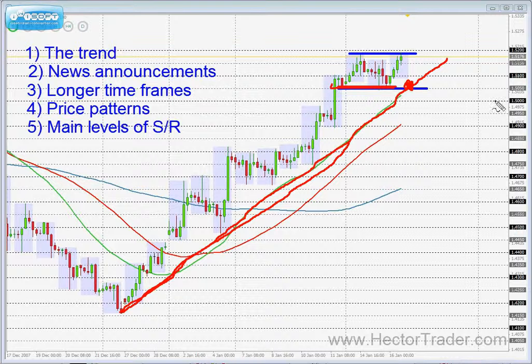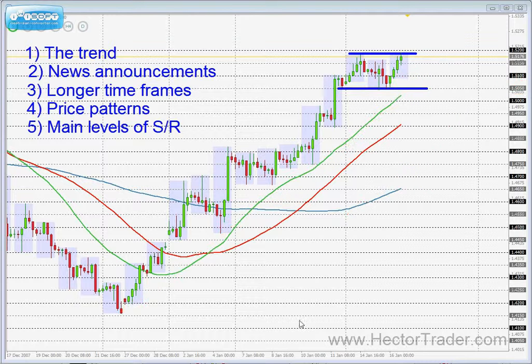That means that if the 150.50 breaks to the downside, I just don't want to get involved with this setup anymore, and therefore my trade plan is to not get involved if this level gives way. Once again, if the 150.50 level breaks, then my trade plan is violated, and I don't want to get involved with this trade any longer.